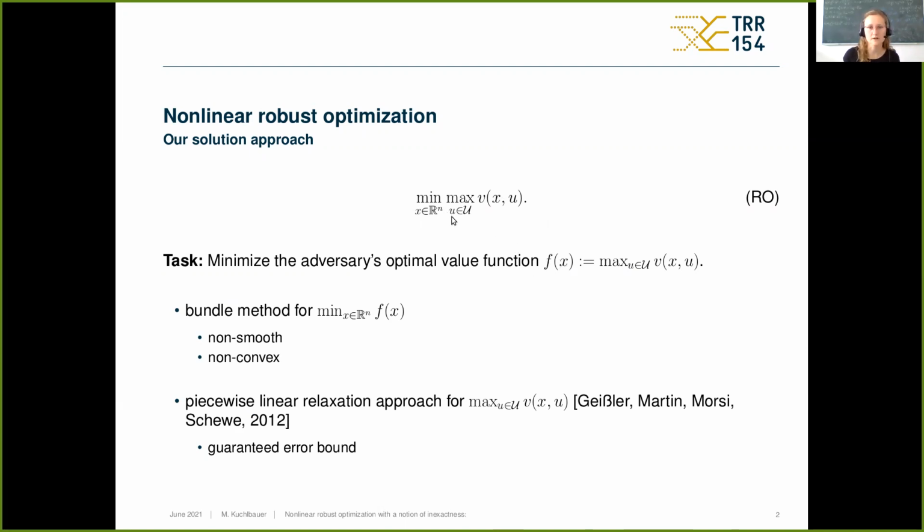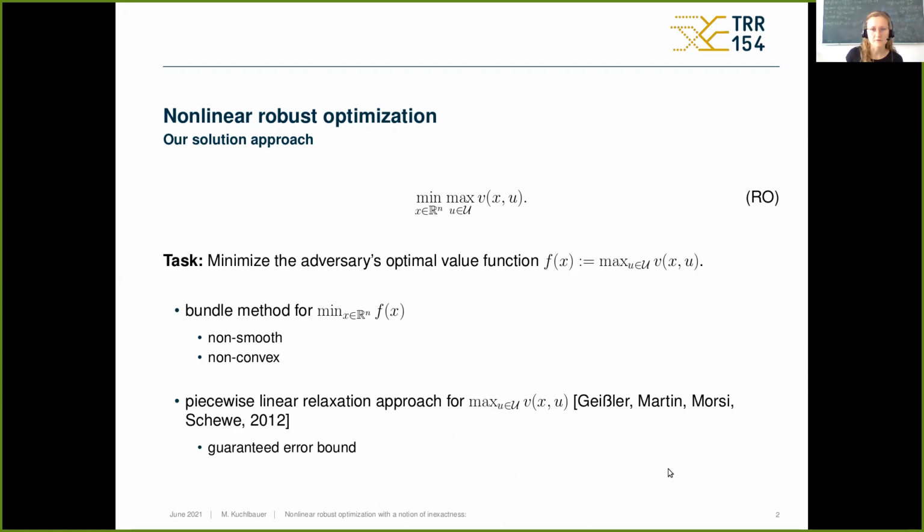And in order to evaluate the optimal value function of the inner problem, we will later use a piecewise linear relaxation approach. And using this approach, we can approximately solve the inner problem. And the advantage of this approach is that we have a guaranteed error bound for the error we have here in the optimal value function. But the drawback is that we still have an error, so we cannot exactly solve the inner maximization problem.